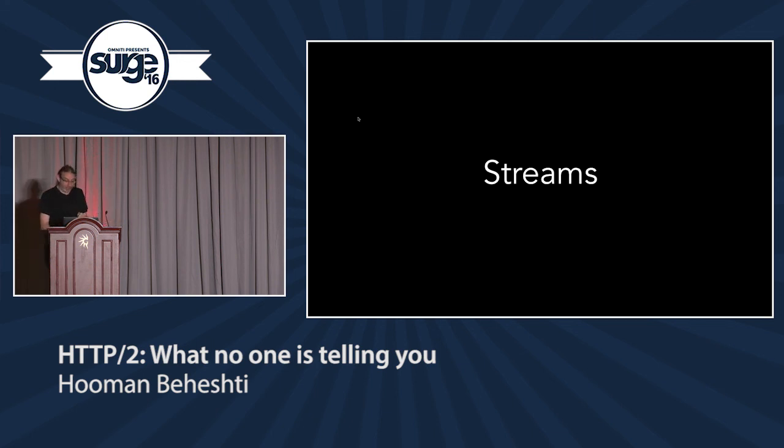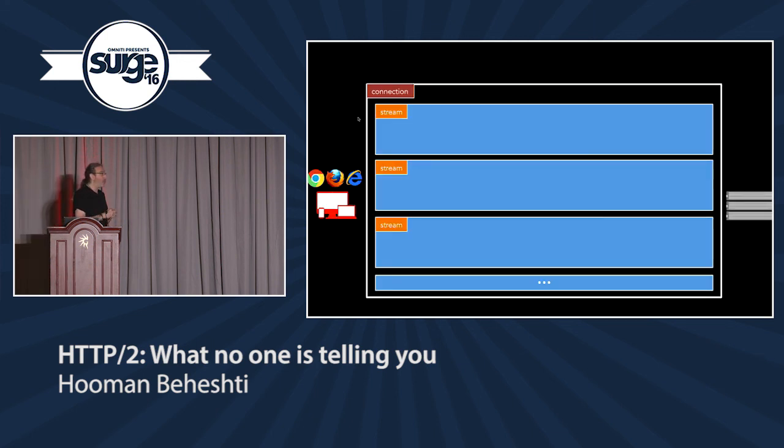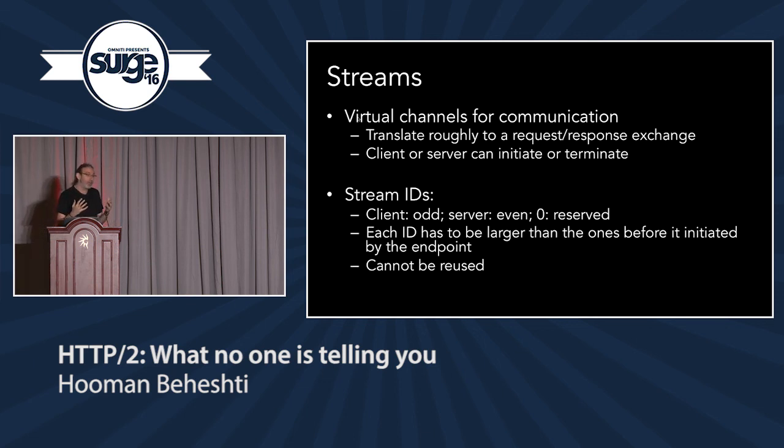Over that connection are these things called streams. And you can have many streams simultaneously going back and forth between peers over a single connection. Streams are essentially virtual channels for communication that roughly translate to a single request-response exchange. Either side can initiate a stream, and every stream has a stream ID.